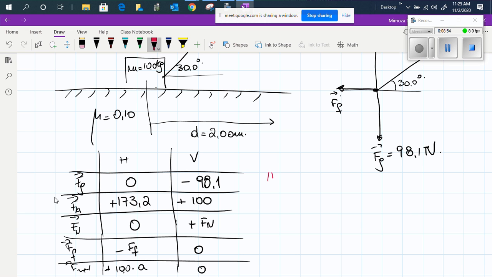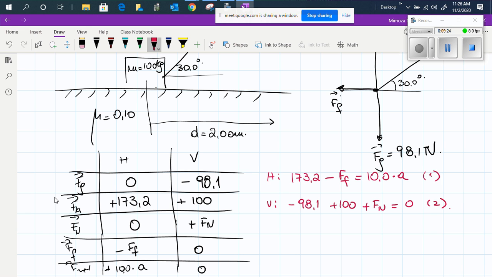From the horizontal, what we have is 173.2 minus force of friction is equal to 10 times acceleration. So this is the first equation that we have. And from the vertical, what we have is negative 98.1 plus 100 plus force normal equals 0. And this is the second equation.